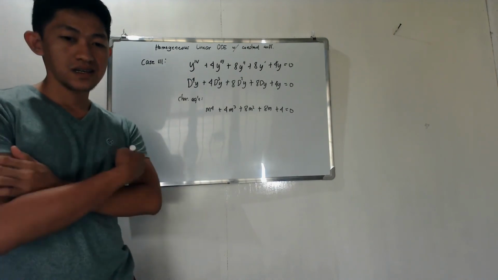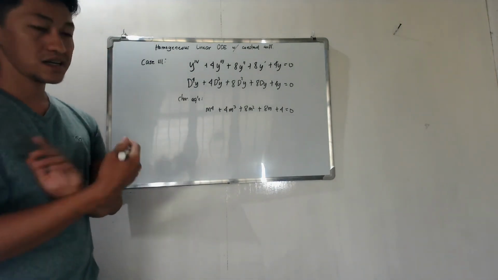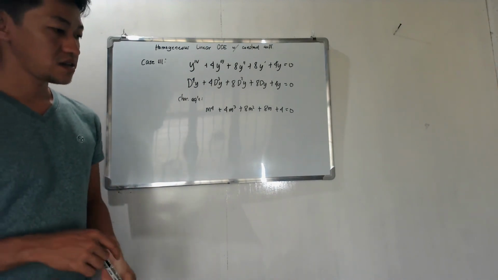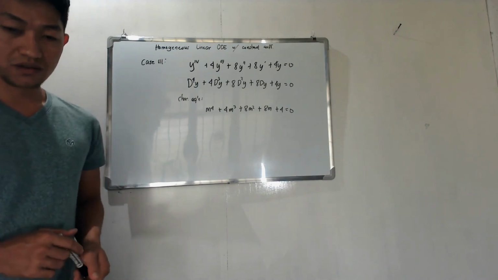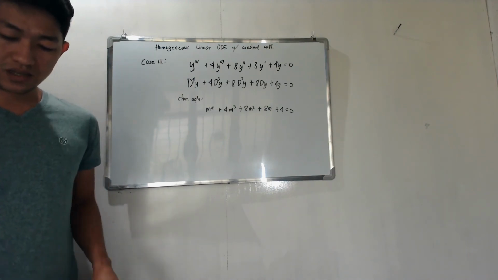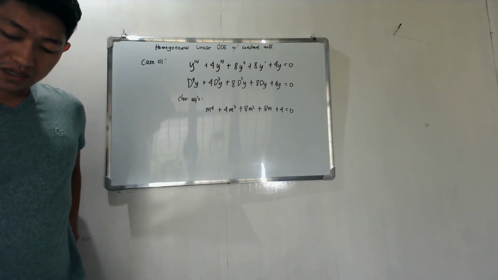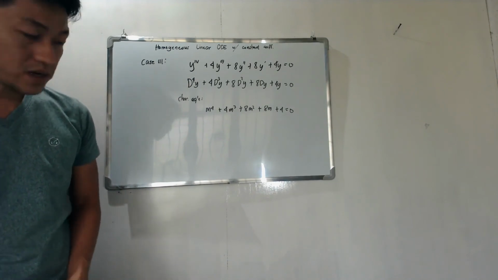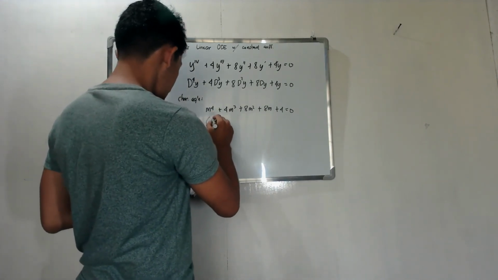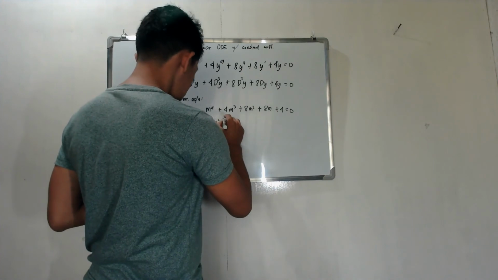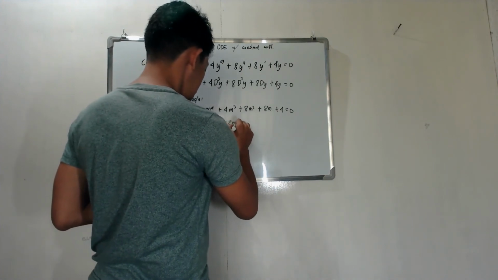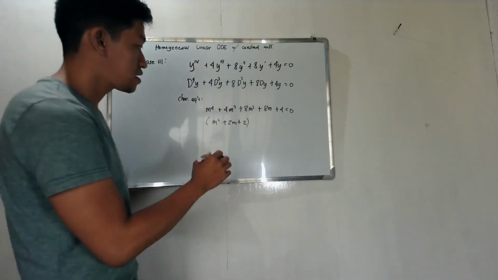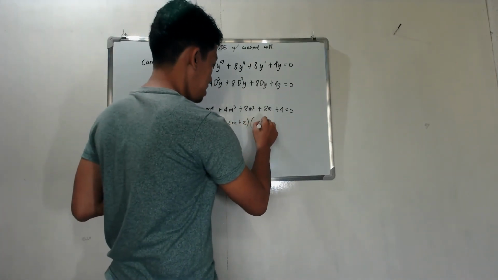So in the algebra taught here in high school or college, by trial and error you will get this one, m squared, that one repeated.